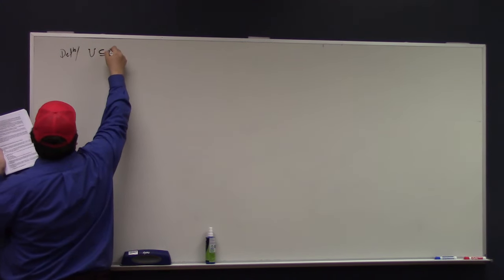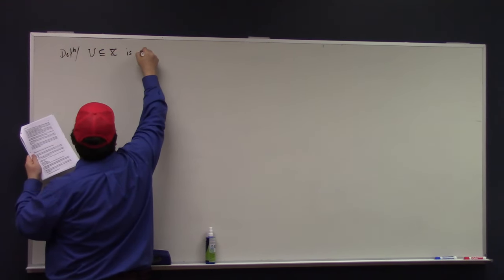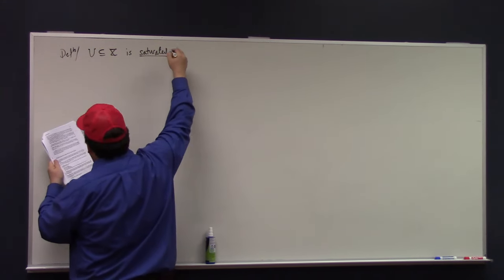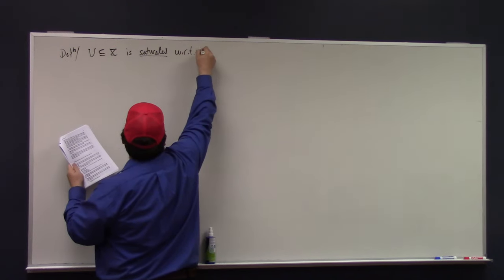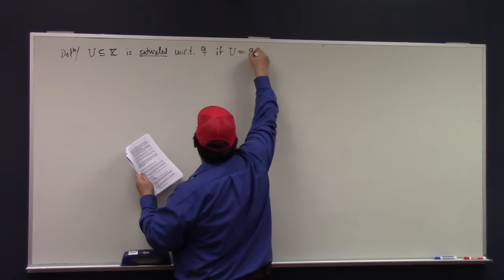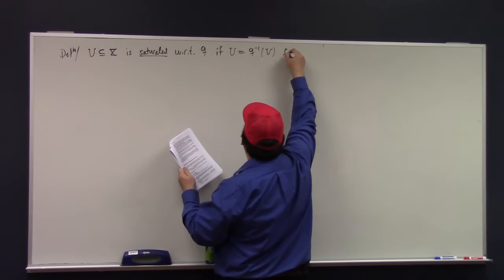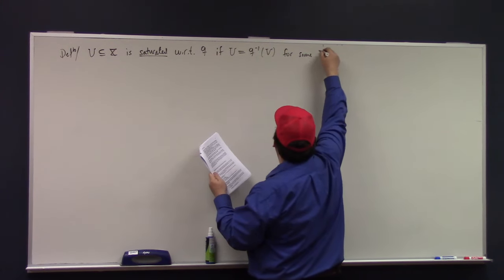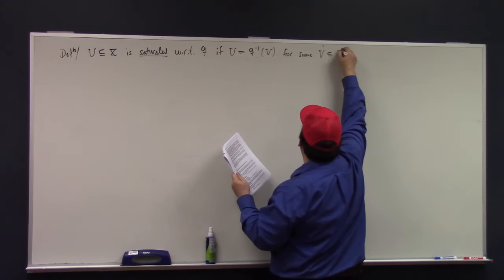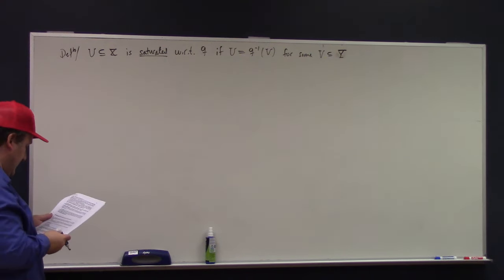U, a subset of X, is saturated with respect to Q if U is equal to the inverse image of some set V for some V subset of Y, all right? So here, again, it's the same setup, right? Q goes from X to Y. Okay, guys?